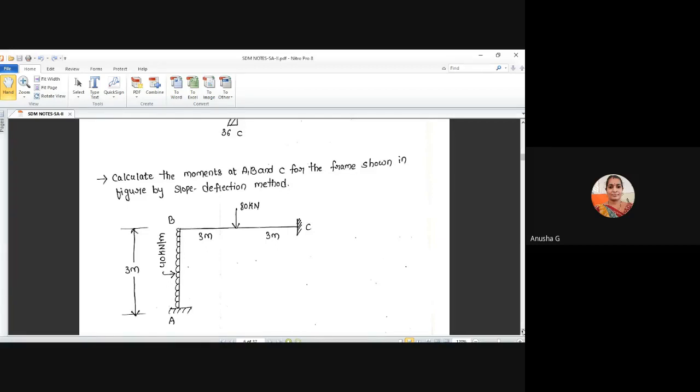And step 4, final moments. Okay, students, solve this problem and then share it with me.